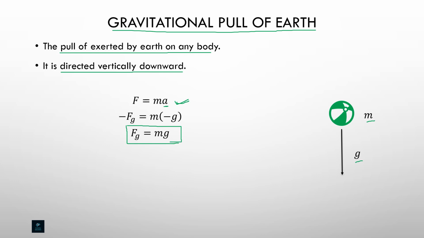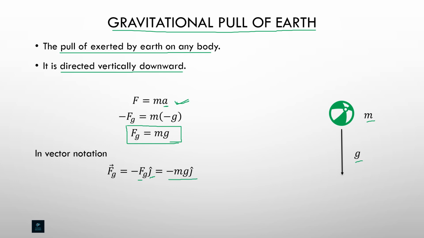We can also write this in the vector notation as follows. In vector notation, we can write vector Fg equal to minus Fg times j hat, where j hat is the unit vector in the positive y direction. Putting the value of Fg, we write vector Fg as minus m times g times j hat.